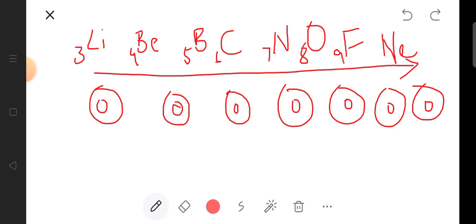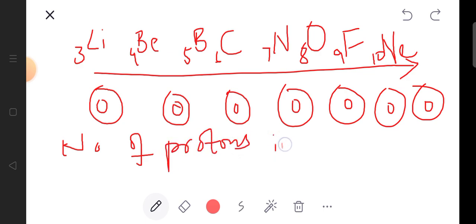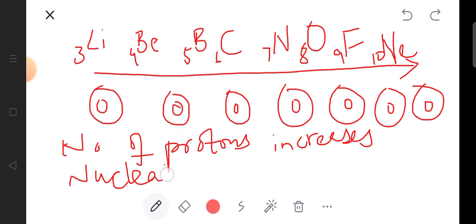number of protons in the nucleus increases. As the number of protons increases, the nuclear charge increases, because now the nucleus becomes more powerful and will attract the incoming electron with more power.